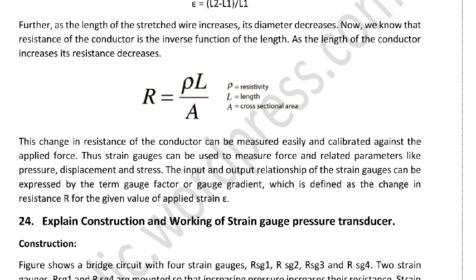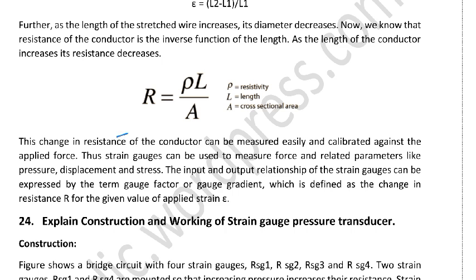Thus, a strain gauge can be used to measure force and related parameters like pressure, displacement, and stress. The input and output relationship of a strain gauge can be expressed in terms of the gauge factor or gauge gradient, which is defined as the change in resistance per unit strain. So how will the gauge factor change? When the resistance changes.